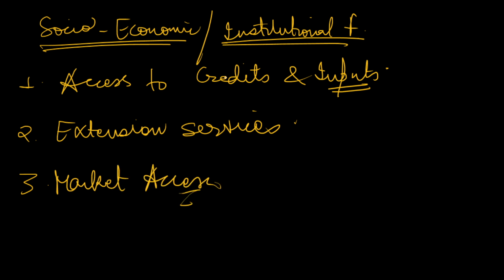If a good amount of credit is available, there will be good quality seeds, good fertilizers, and obviously productivity will be high. Extension will help farmers to adopt best practices. Market access will enhance our opportunities for better production, because we will know what crops to grow and how to grow. All things usually depend on the market. So these are the factors, and I think this many factors will be enough.